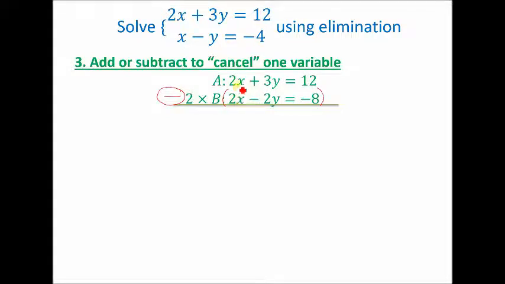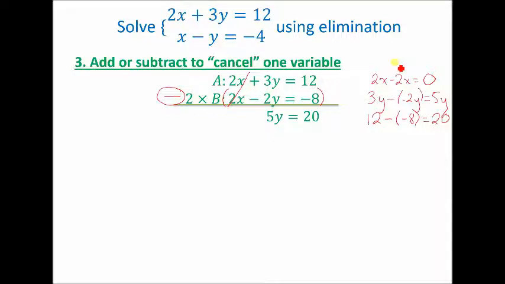So if I do 2x minus 2x, well, that's just 0. So they eliminate, they cancel, hence the name elimination. Then for my y's, I do 3y minus negative 2y to give me 5y. So being really careful when you're doing that, and then finally subtracting these numbers, 12 minus negative 8, well, that's 20.